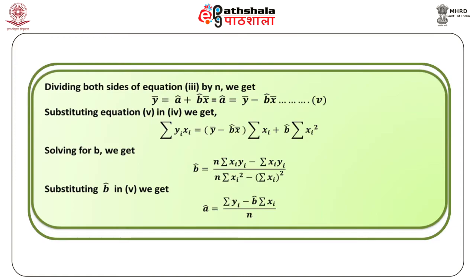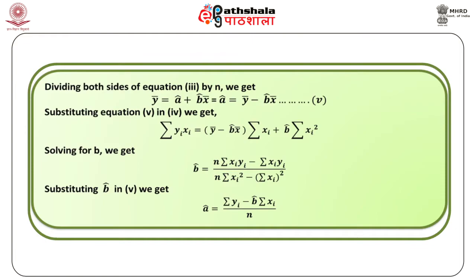Solving for b, we get b cap equals n multiplied by summation xi yi minus summation xi summation yi, divided by n multiplied by summation xi square minus summation xi whole square.